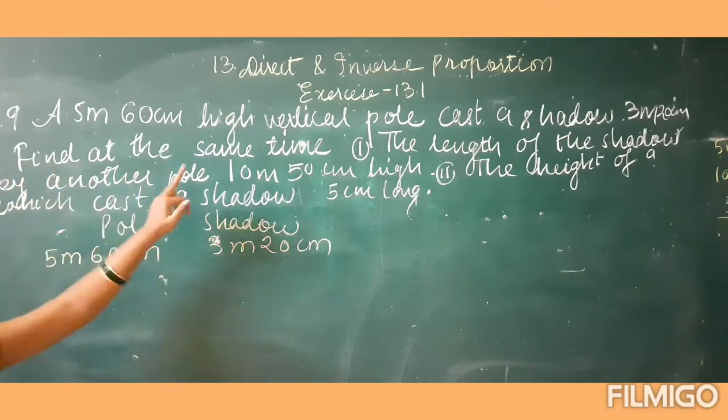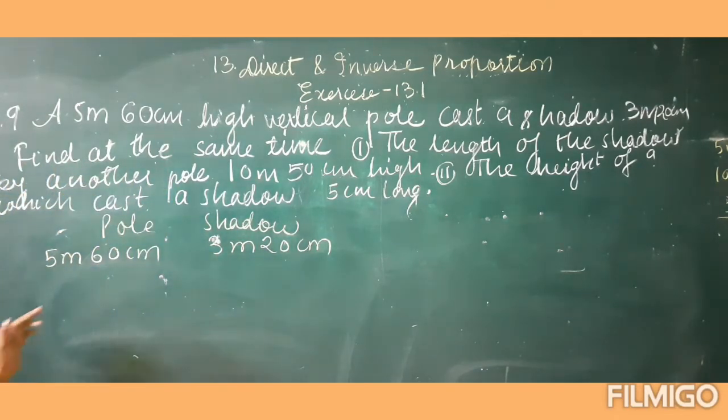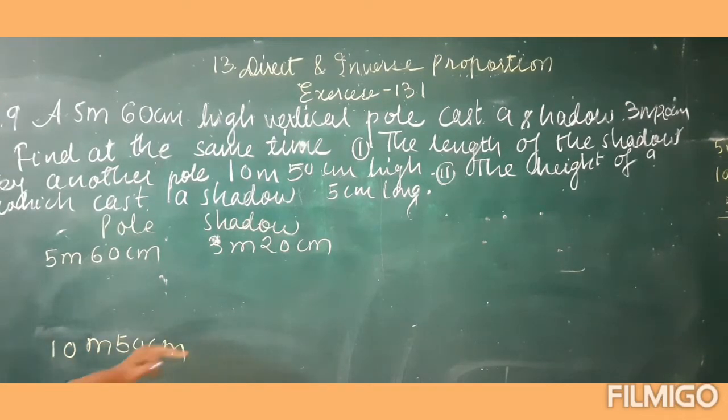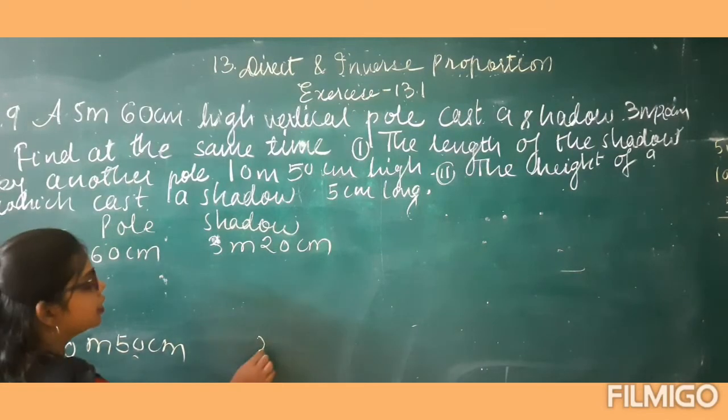At the same time you have to find the length of the shadow cast by another pole. Another pole is there, that is 10 meter 50 centimeter. You have to find out the shadow of this another pole.